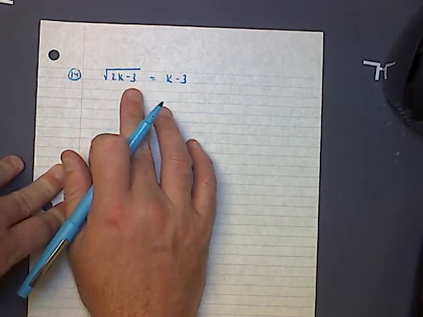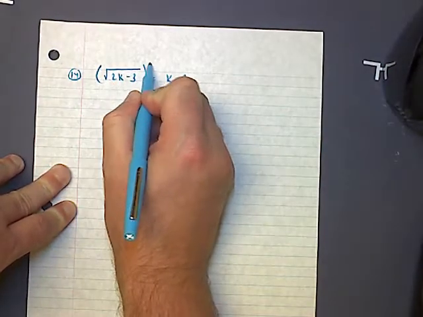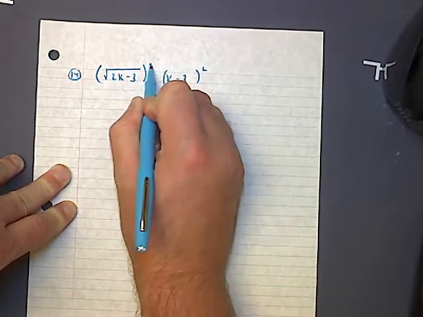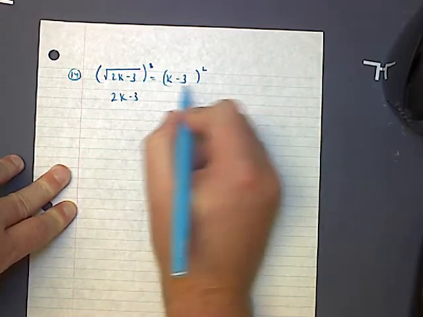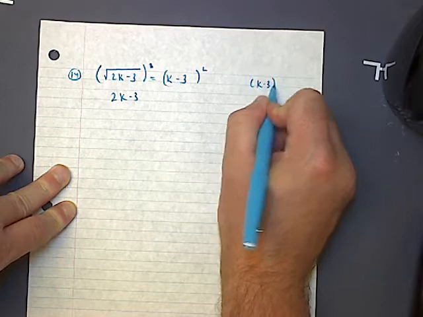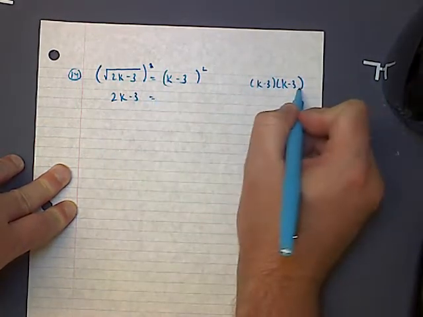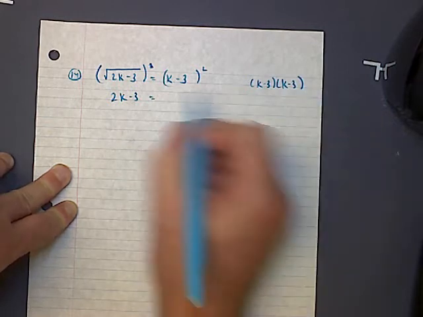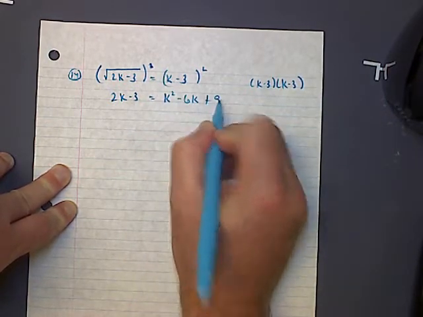Well, I have it already isolated here, so there's not much more I can do than just square both sides. When I square this, the radical goes away. Here I would have to come over here and FOIL k minus 3 times k minus 3. When you FOIL that, which I'm not going to do, you should know how to FOIL by now, it is k squared minus 6k plus 9.